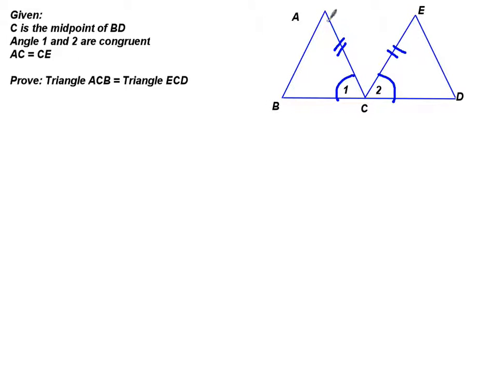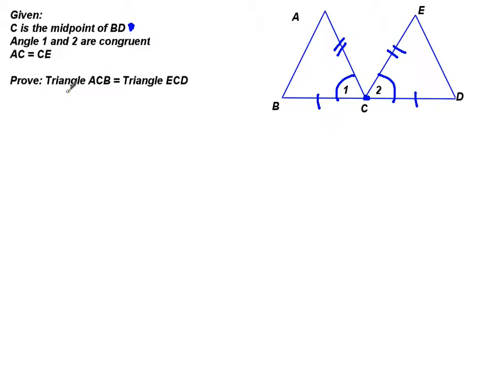So based on the given information, I already have a pair of sides and two angles congruent. Let's also look back at what this step means. If I was given that C is the midpoint of the segment BD, then the definition of a midpoint is that it bisects the segment. So that would make BC congruent to CD.